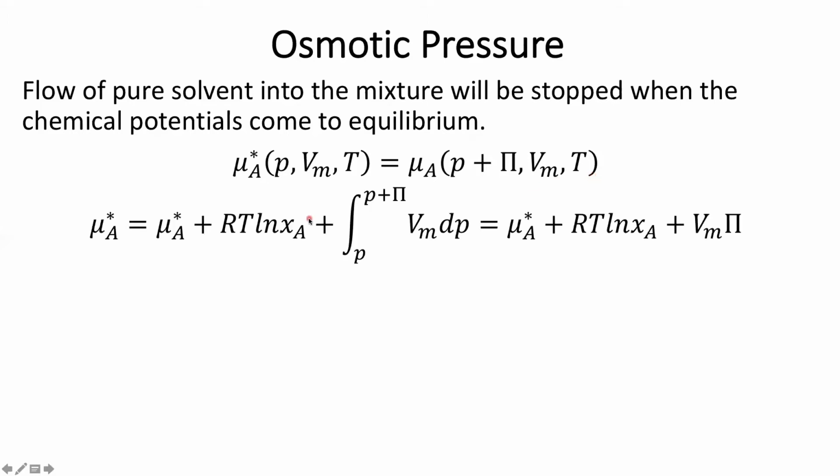So what we can do is, again, set these chemical potentials equal to each other, where I have the chemical potential of my pure solvent, and that's going to be equal to the chemical potential of my solvent plus this composition factor, which is going to lower the chemical potential by stabilizing the system due to entropy.